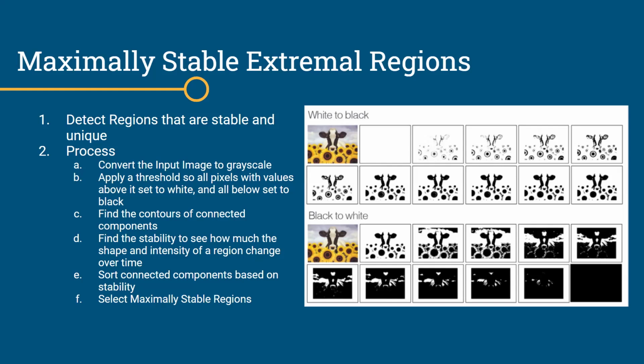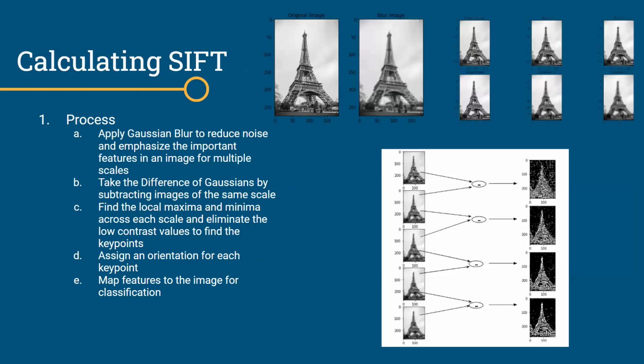That's why we have to select the maximally stable regions to identify what they are. That's why we have to map the features to the image so we understand their importance. So as I continue to go through these, you should realize that we're doing a lot of extracting, but the last thing we want to do is describe what it is and its significance to us and to the model.